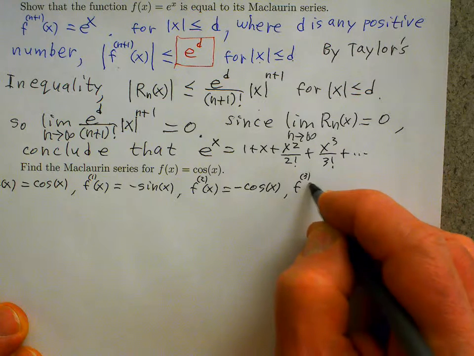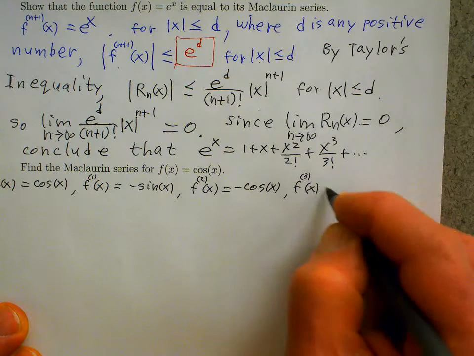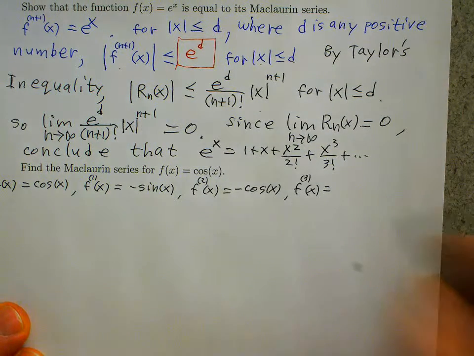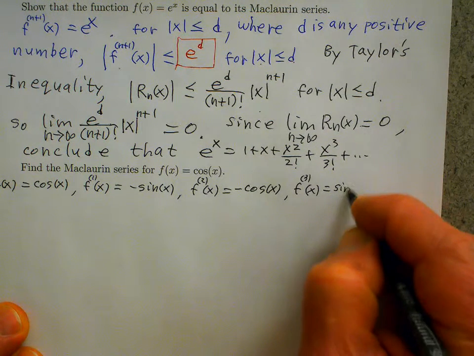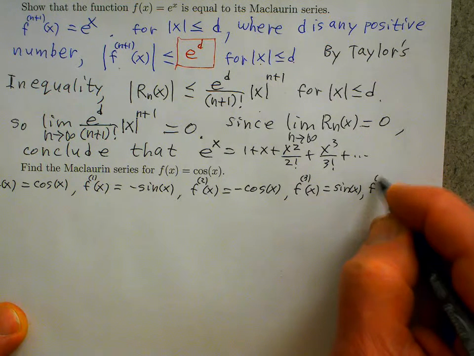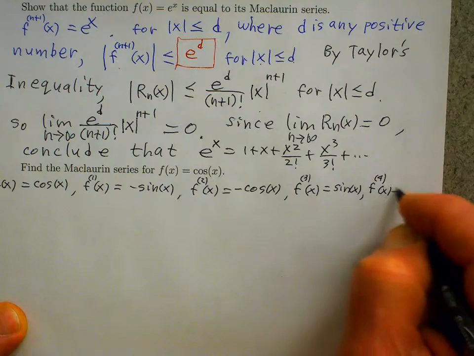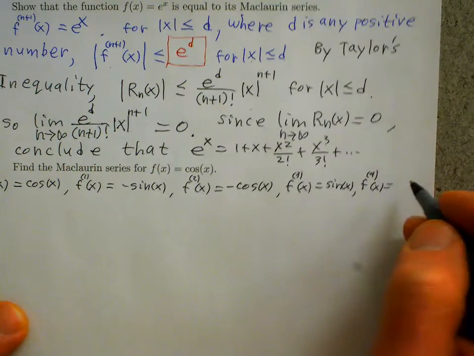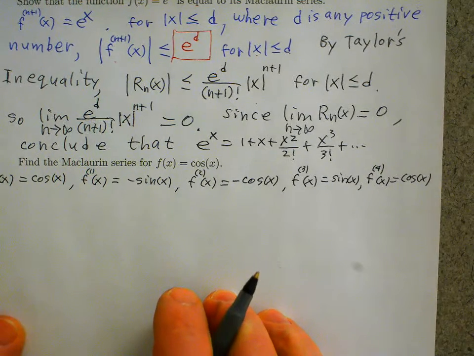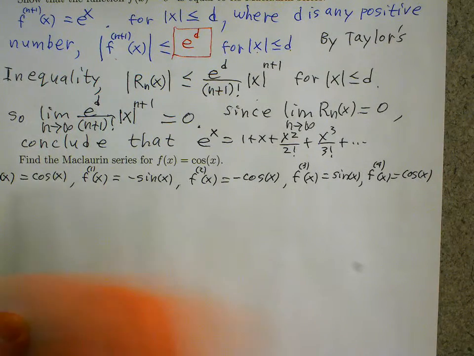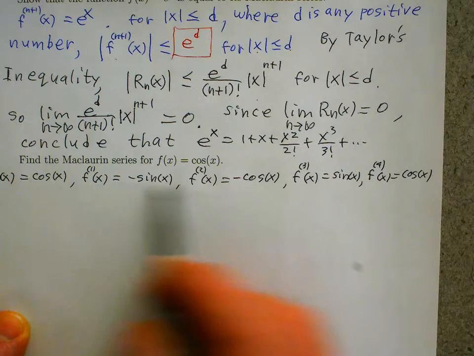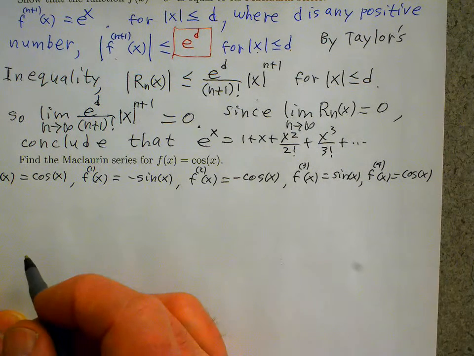So the third derivative is positive sine of x. So let's write one more. The fourth derivative of f of x is back to cosine of x again. Okay, so for the Maclaurin series, we want to evaluate each one of those when x is 0.